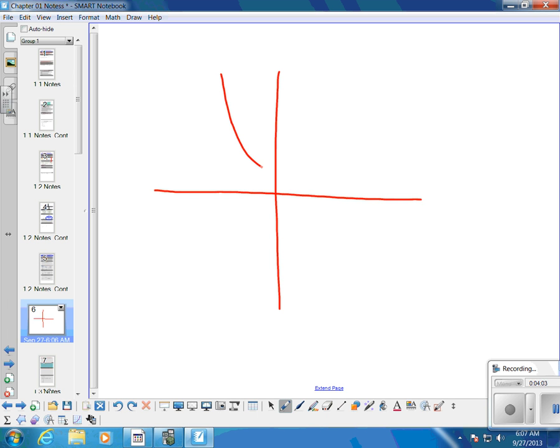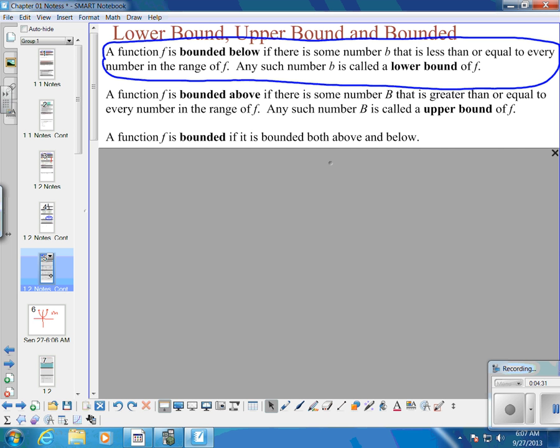If you have a parabola, let's say x squared plus 1, the lowest spot is 1. Well, there are no y values that we hit below the y value of 1. That means we would say that this graph is bounded below, and its lower bound is the y value of positive 1. So that's what we're referring to when we're talking about boundedness.